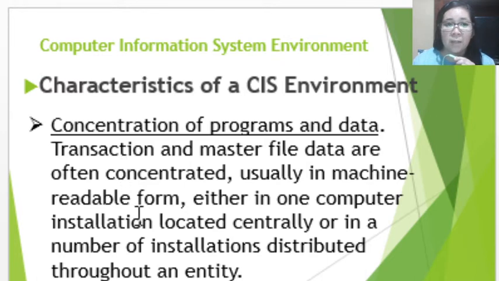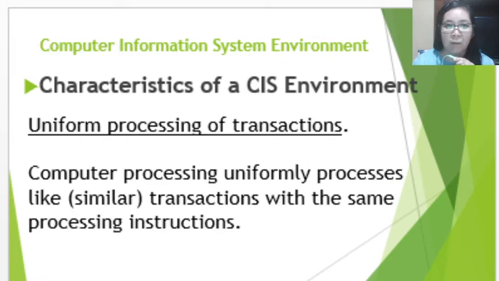The transaction and master files are often concentrated or centralized, usually in machine-readable form, either in one computer or in a number of different computers distributed throughout the entity. Because of these computer systems, the entity may use a database where all the information and data are contained. That's how it is in the CIS environment.